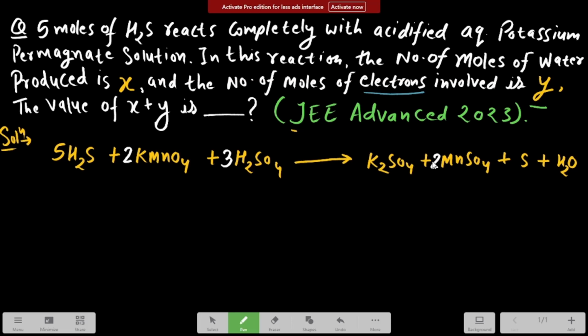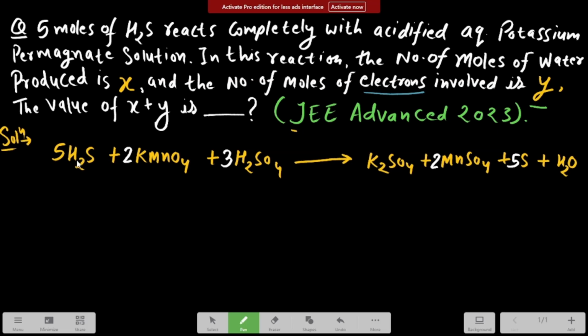And here I am multiplying this elemental sulfur with 5. So you can see 5 plus 2, 7 plus 1, 8. Now sulfur is balanced.